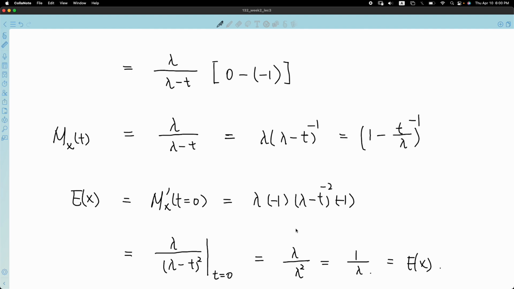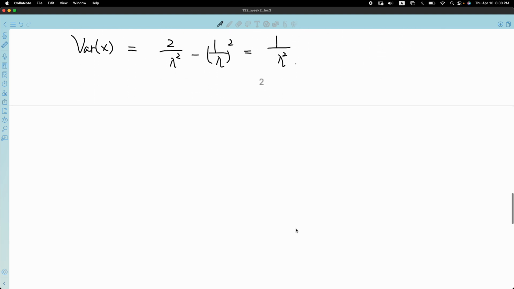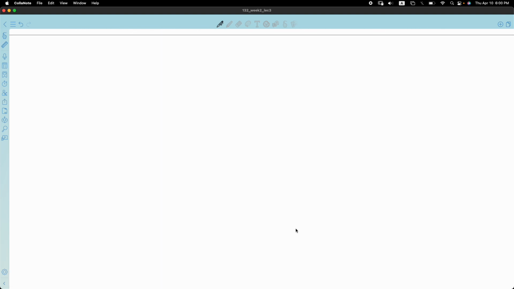So I want to circle back and use the moment generating function method on the Poisson distribution again, to see if we get the same answer. Basically, we are doing the same thing using a different approach, and then we verify whether we get the same result. So I want to revisit the Poisson distribution now.